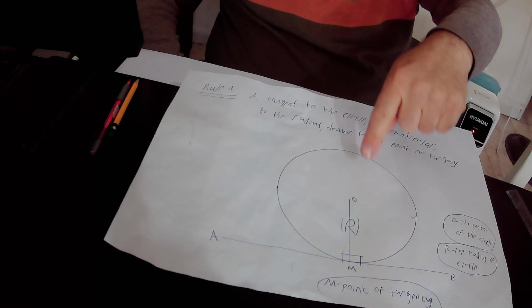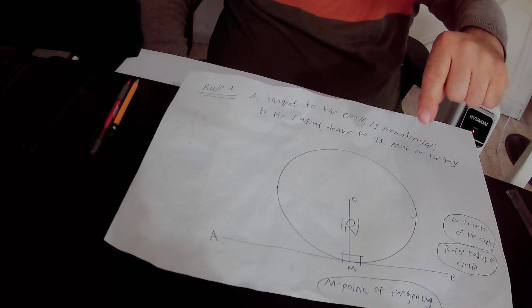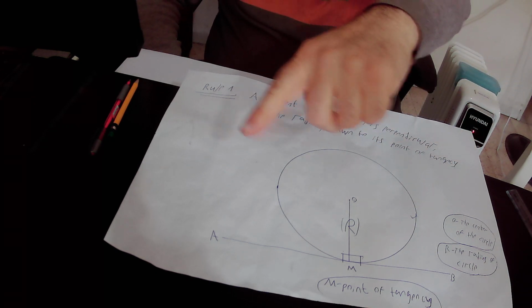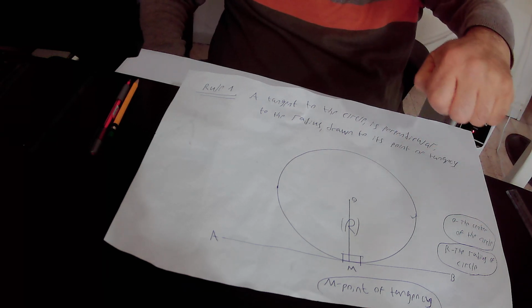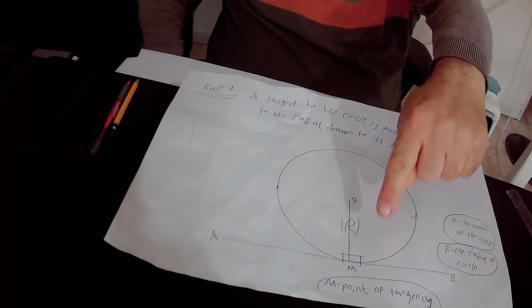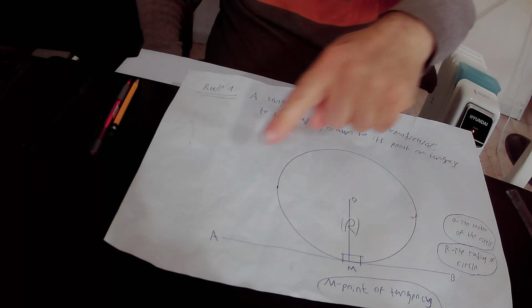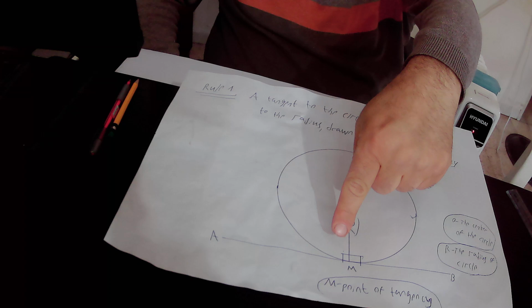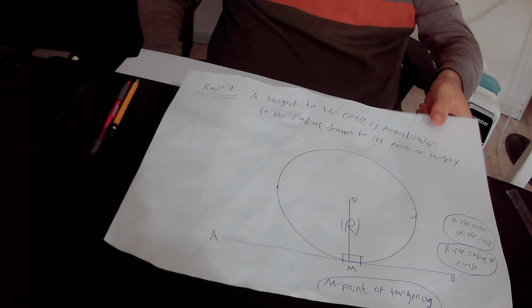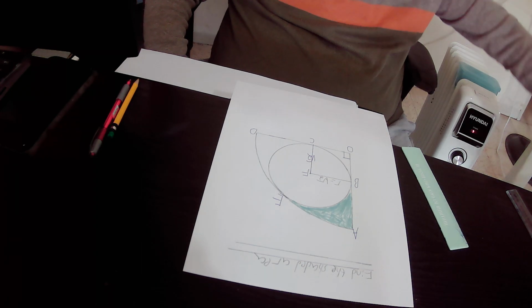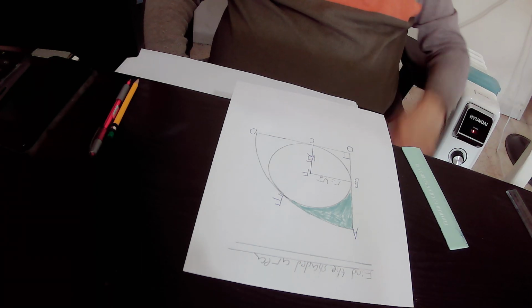And we have the radius OM that is drawn to point M. Whenever you have a radius that is drawn to the point of tangency, then tangent AB will be perpendicular to the radius MO. If AB is perpendicular to MO, it means that this angle equals 90 degrees and this angle also equals 90 degrees. You can actually implement this rule 1 in our drawing.